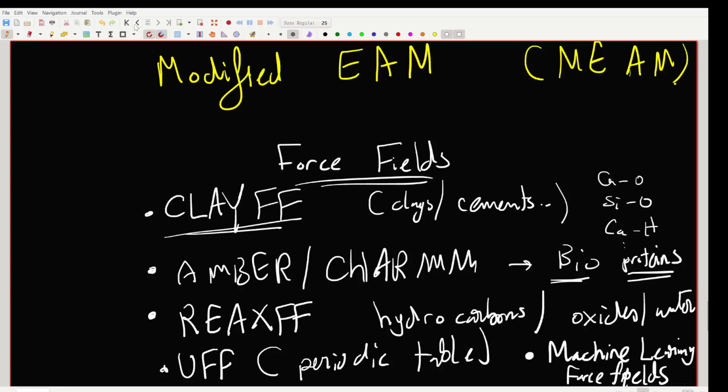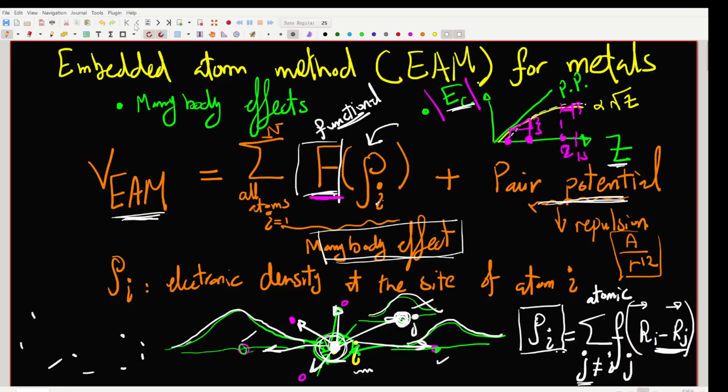Let's summarize what we have covered today. Today we discussed how to solve the problems of the nonlinearities, the many-body effect that exists in metals. One way is to use the embedded atom method, where it's basically a bare potential coupled with a many-body effect term. The many-body effect term requires you to calculate the electronic density at the site of the atom. And don't worry, you're not going to do quantum mechanics here.